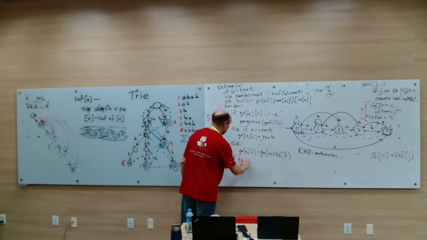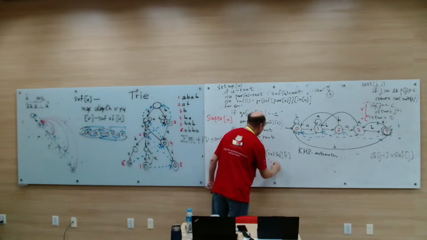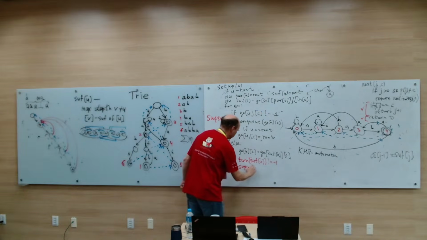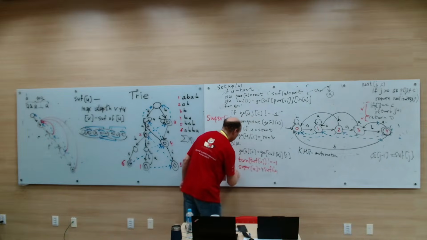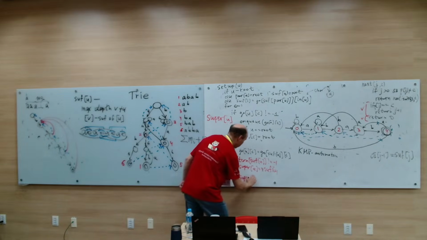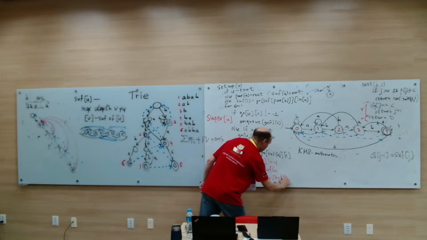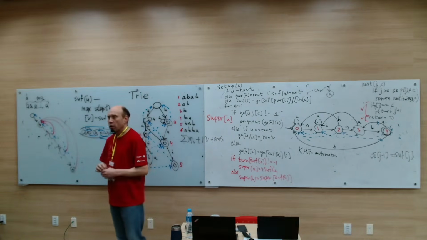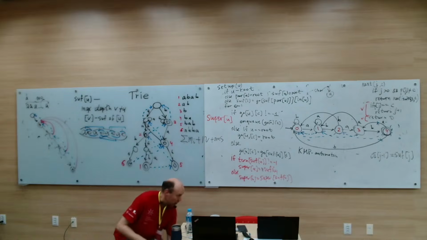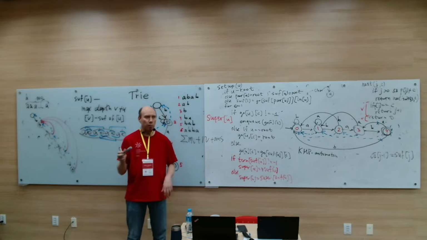If terminal of suffix link of u is not -1, then super of u is equal to the suffix link of u, and else super of u is equal to super of the suffix link of u. Okay, if our suffix link is a terminal vertex, then that is exactly what we need. If it's not, then we skip it and go immediately to where super would lead us.